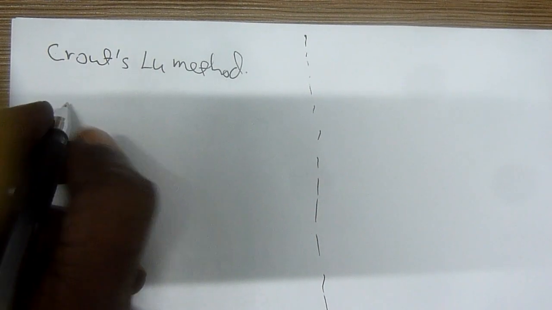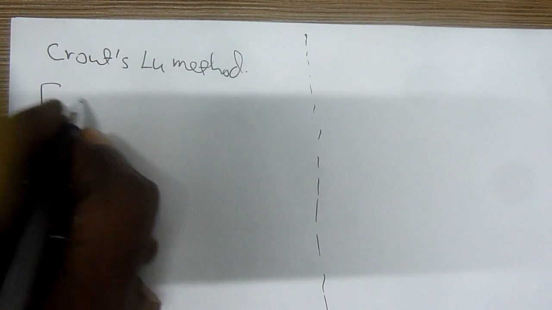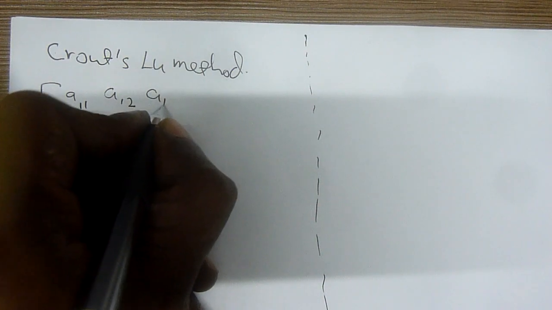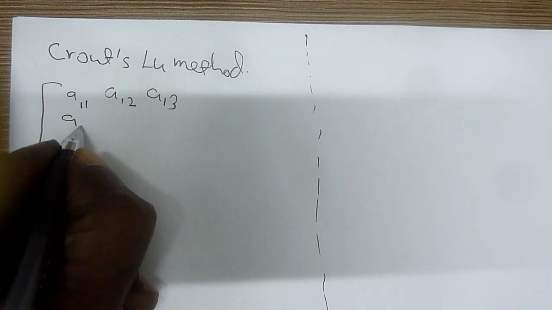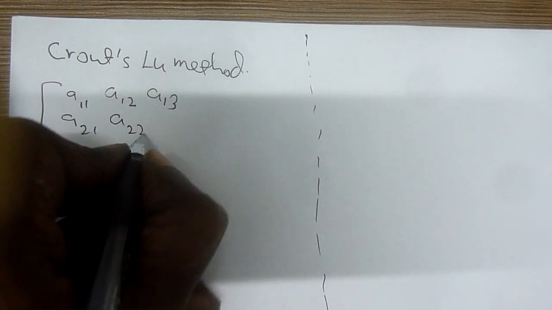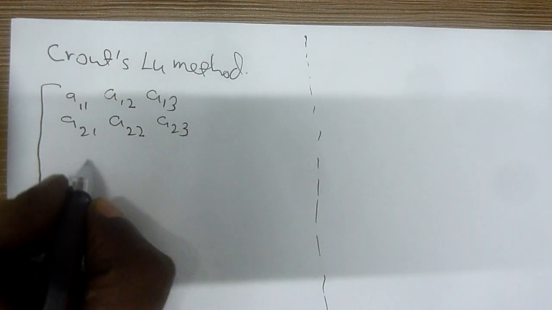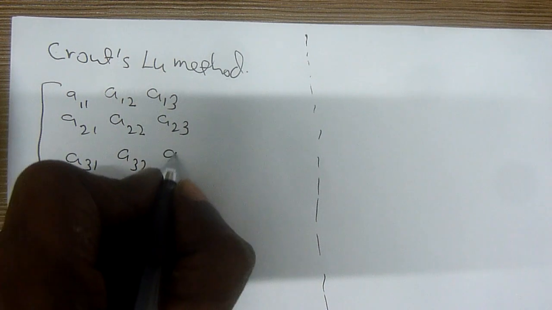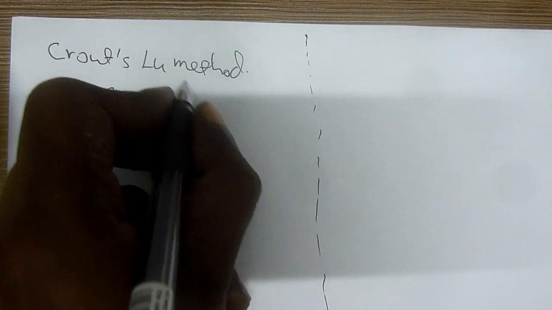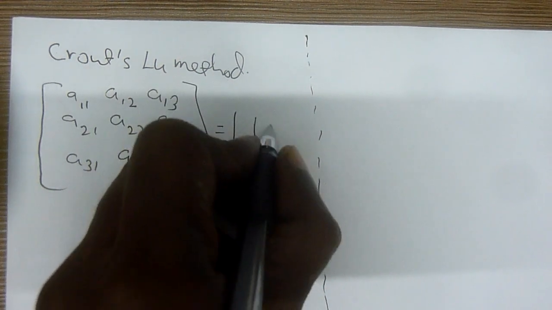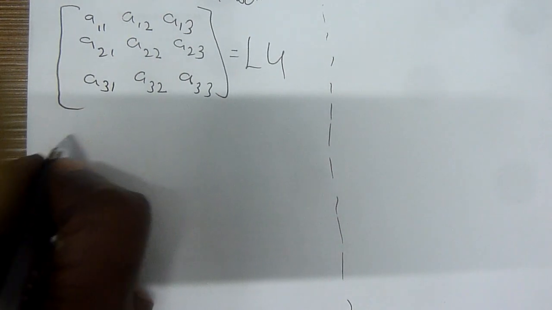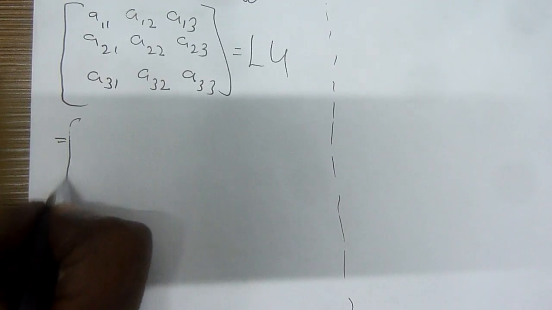In LU method here, you can see A11, A12, A13, A21, A22, A23, A31, A32, A33. If I wanted to change it to the LU method, what I'll do is split this into L and U.